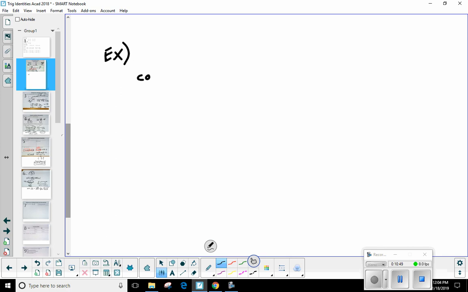Cosine of x times secant of x minus cosine of x over secant of x. Okay. Now again, this will simplify to a single trig function. So this one, I think it's easy enough. I'm going to show you a lot of different ways you could do it. Okay. All right. So any ideas?